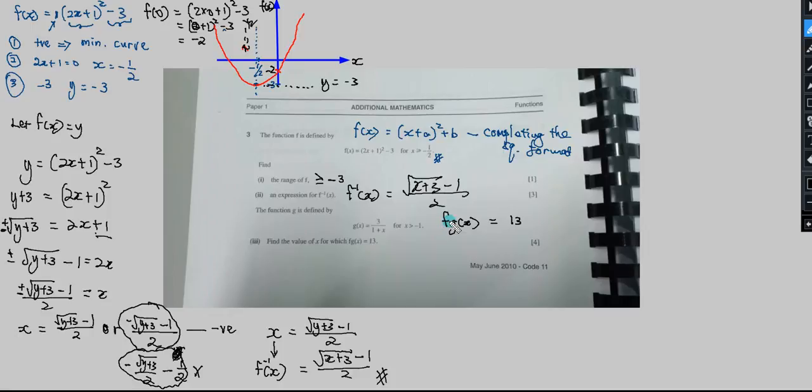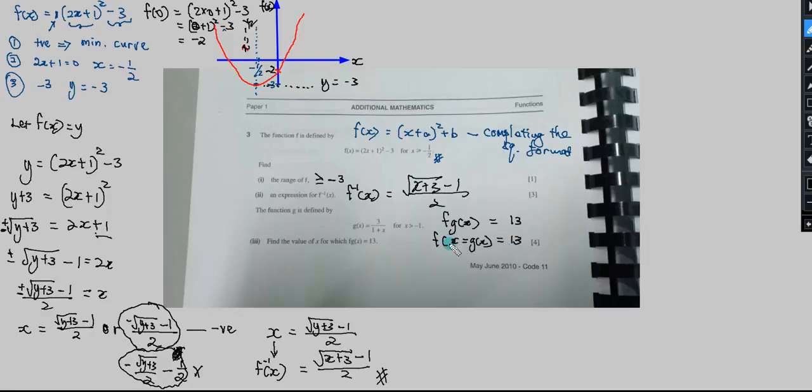What is the meaning of fg(x)? This is a composite function, combining the f function and the g function. How would this be interpreted? This is actually written as f(g(x)) equal to 13.